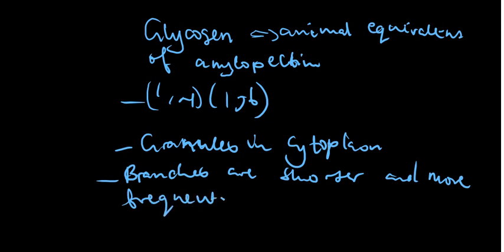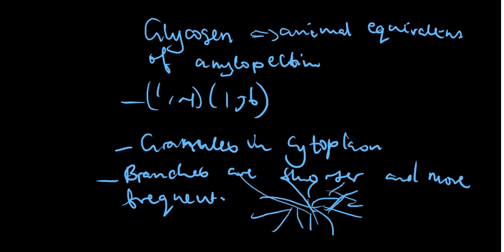So the glucose chains of glycogen are organized in branches of a tree. So it is like a long tree of glucose molecules because it resembles amylopectin, okay?